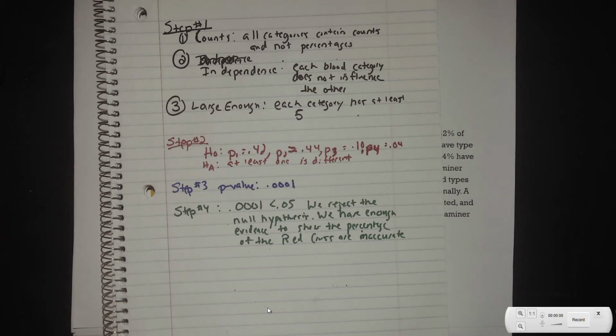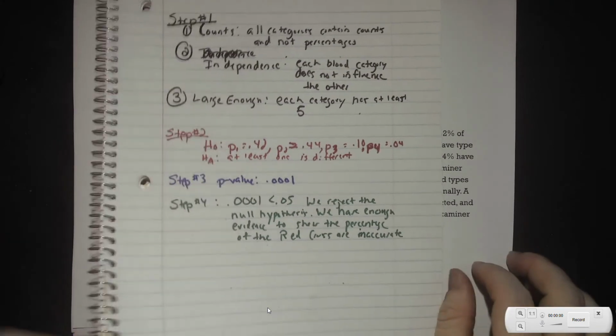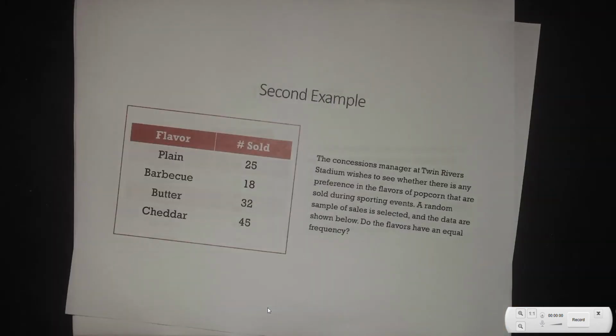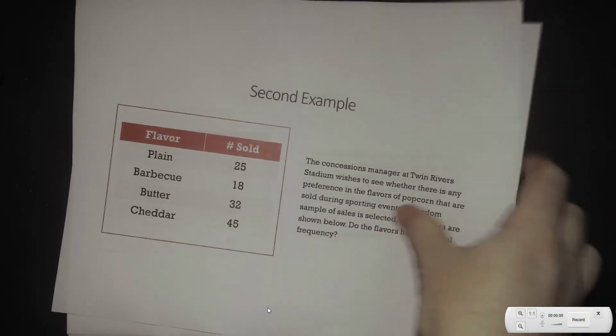So let's take a look at another one. That's my example 1. Second example: the concession manager at Twin Rivers Stadium wishes to see whether there is any preference in the flavors of popcorn that are sold during sporting events.